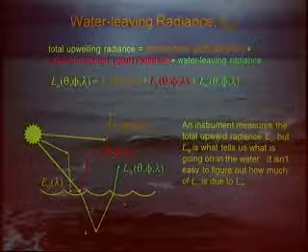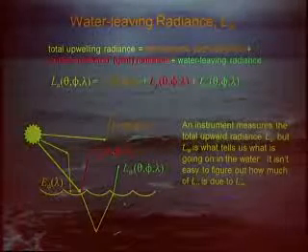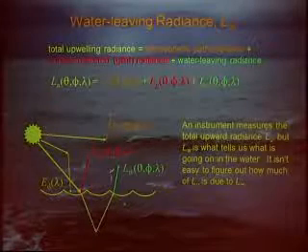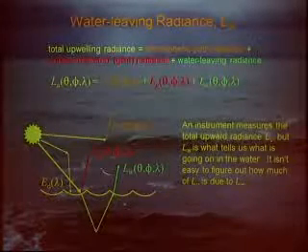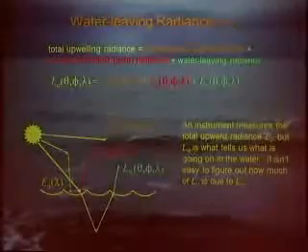And then the part that I'm interested in is the light that got into the oceans, got changed by what was in the oceans, maybe bounced off the bottom. Part of that gets out of the ocean, that's water leaving radiance, and gets up to my sensor, and that's the signal as far as I'm concerned. The problem, of course, is you can only measure the total, and you don't know how much of the total comes from the various pieces.